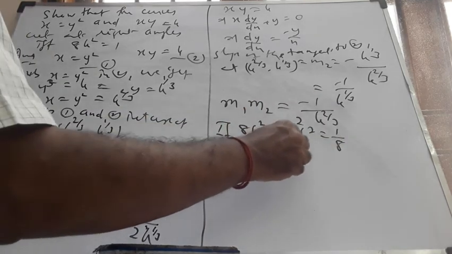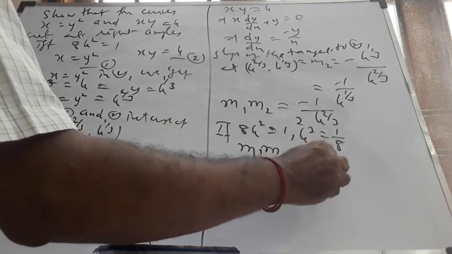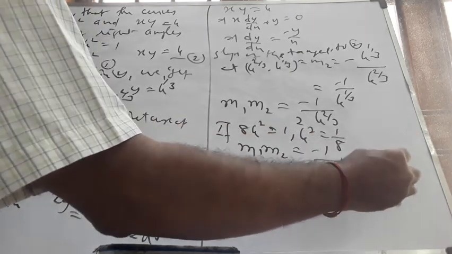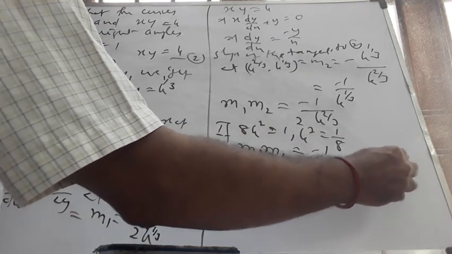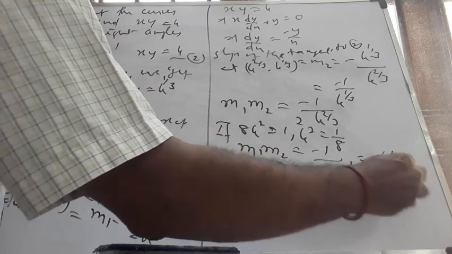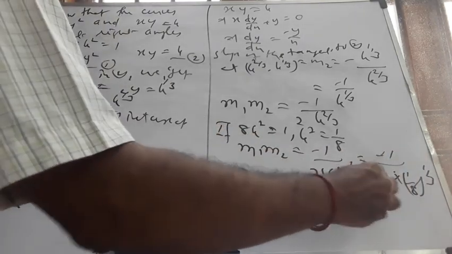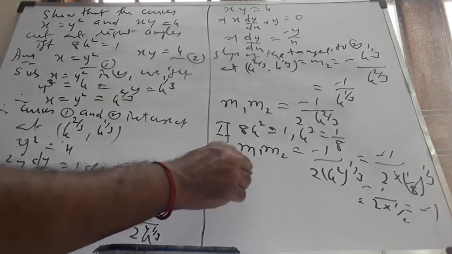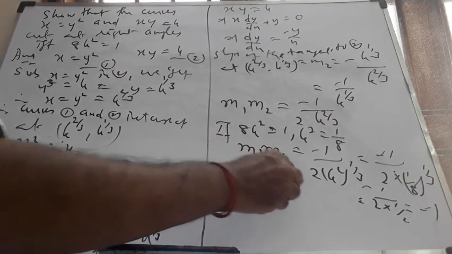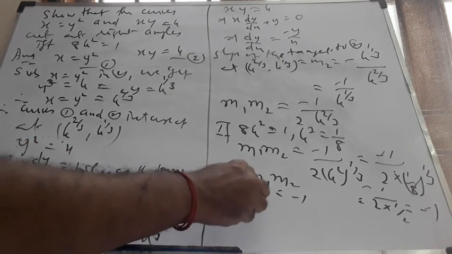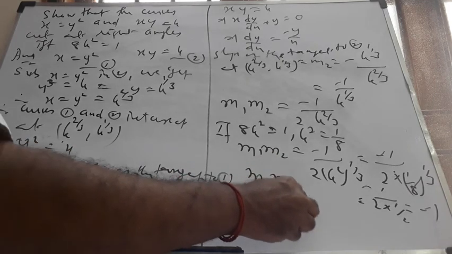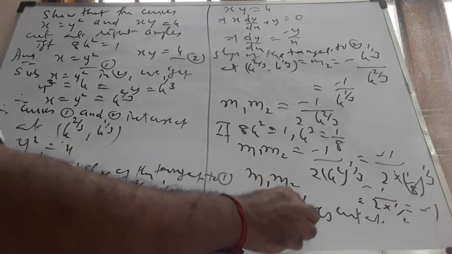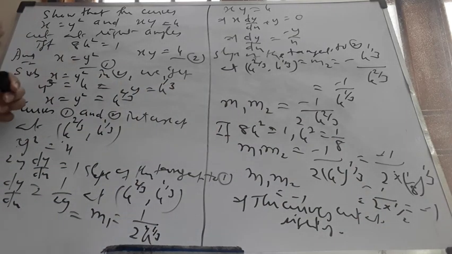Then m1 m2 will be minus 1 by 2 into k square raised to 1 by 3, which is minus 1 by 2 into 1 by 8 whole power 1 by 3, which is minus 1 by 2 into 1 by 2, giving minus 1. Therefore m1 m2 is equal to minus 1, which implies the curves cut at right angles.